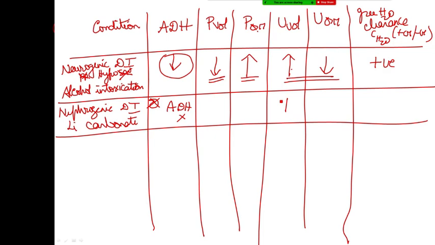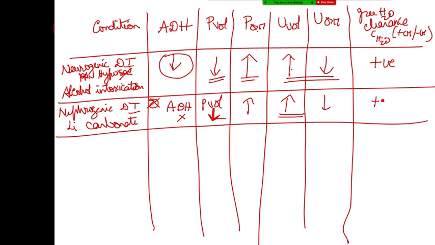No, ADH cannot work. Increase. Increase, and osmolarity will decrease. You're losing water in the urine. So what will happen to your body water? Decrease. What will happen to your plasma volume? Decrease. If you're losing water in the urine, what happens to your plasma volume? It decreases, and your plasma is getting concentrated.